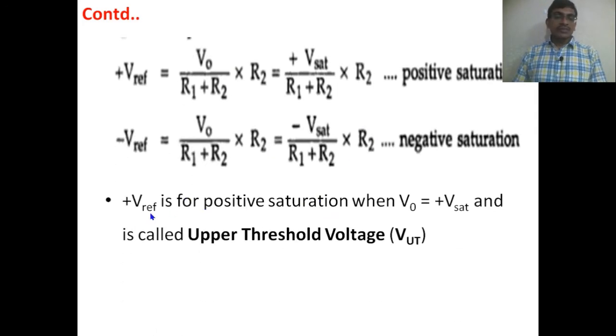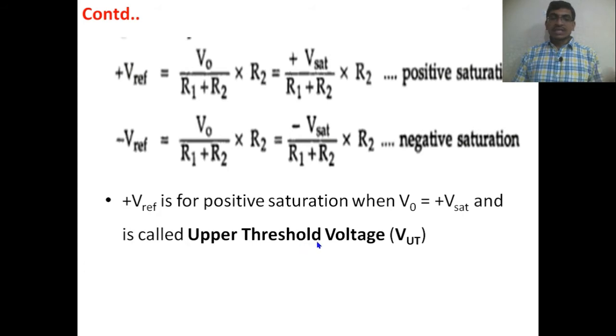If the plus V reference is generated when V naught is equal to plus V saturation, it is called the upper threshold voltage, VUT. So this plus V reference voltage occurs when the output voltage is in the positive V saturation, and it is called the upper threshold voltage VUT.